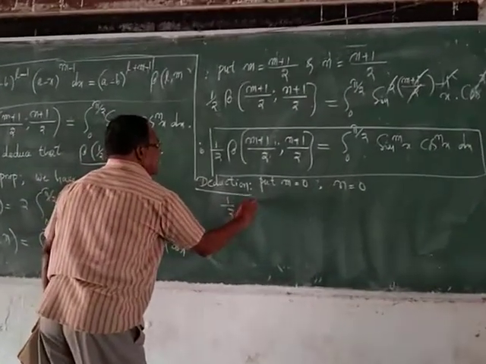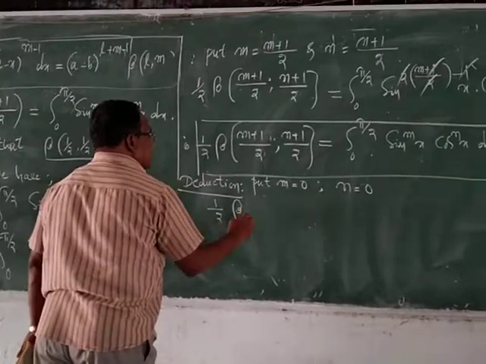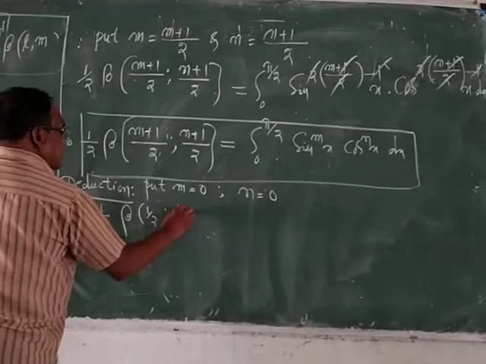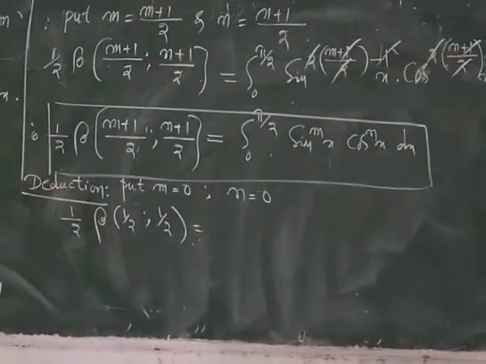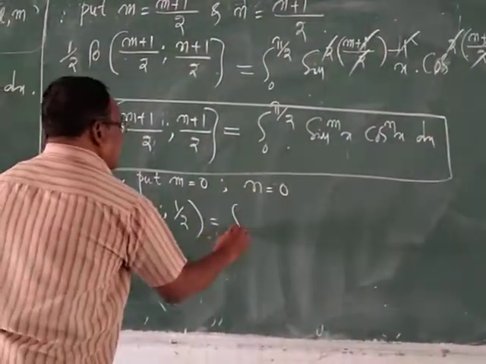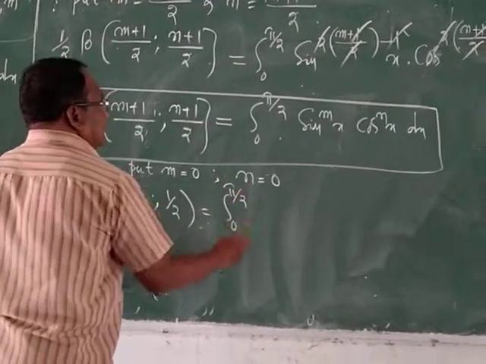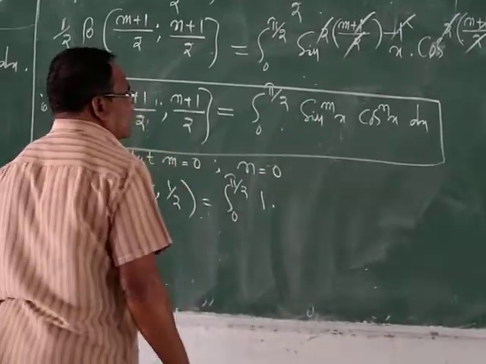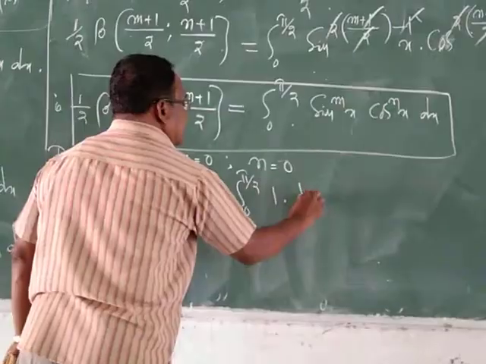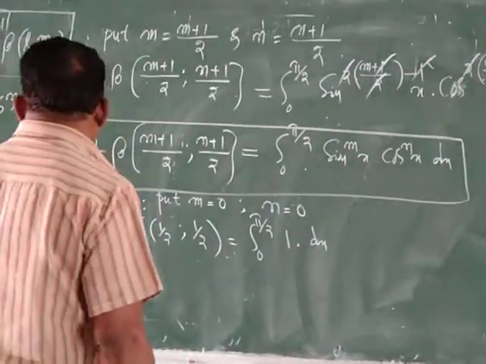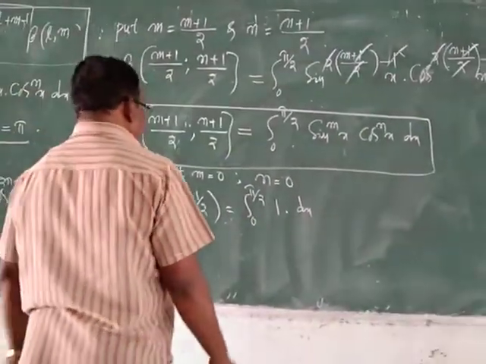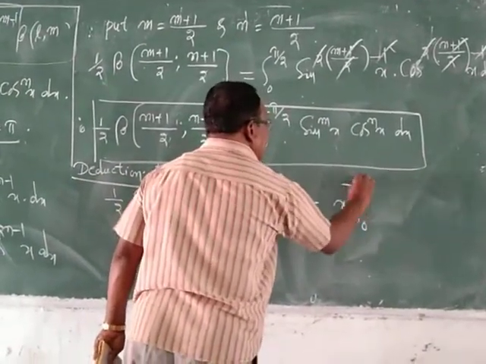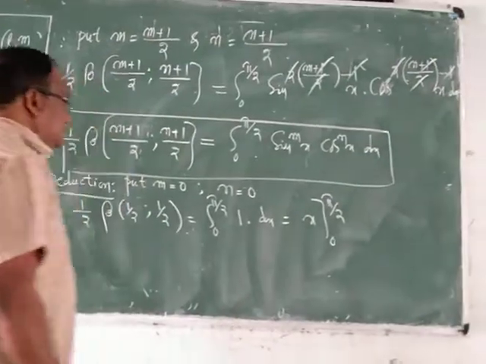Half into beta of 0 plus 1 divided by 2, which is half, comma 0 plus 1 by 2, which is half once again, is equal to integral from 0 to pi by 2 sin to the power 0x, which is 1, into cos to the power 0x, which is 1, into dx, that is equal to integration of 1 with respect to x, which is x, and the limits are from 0 to pi by 2.